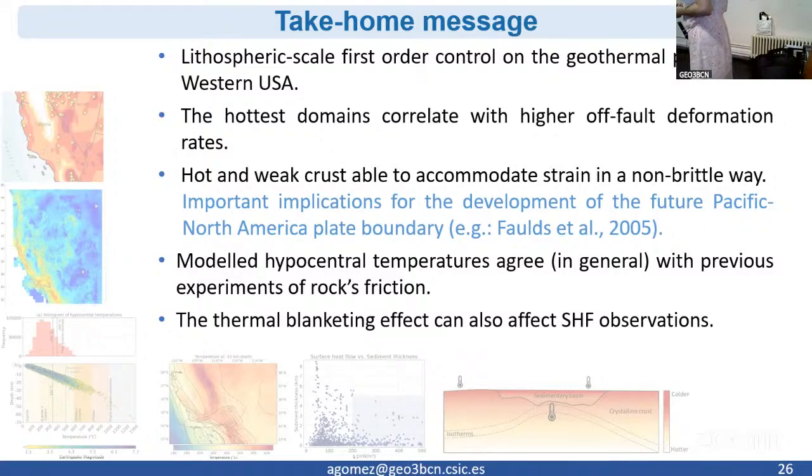Last but not least, the thermal blanketing effect is a really important process that one should take into account when modeling the thermal field, meaning that we cannot rely just on surface heat flow observations to compute the thermal structure, because the effect of the sediments not allowing the heat to escape easily might lead to wrong results if we don't follow this data integrative approach.